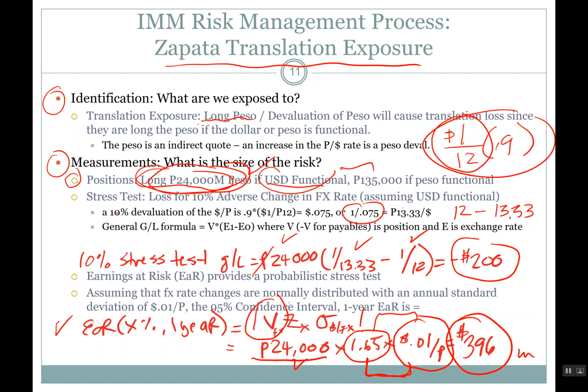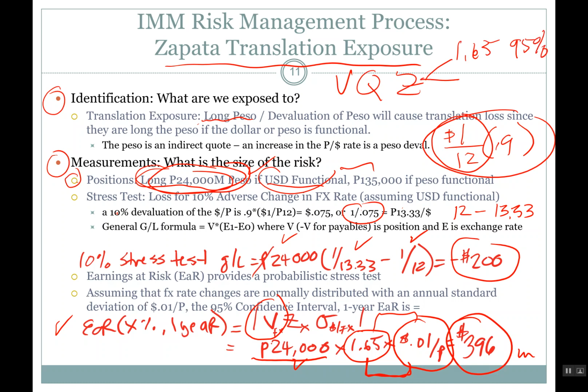Yeah? Simple question, sorry. Using alpha 0.05, is it pretty standard in the industry? Great question. My basic formula here is V, my position in pesos, times my standard deviation, times my Z. Use 1.65 if you're using a 95% confidence interval.